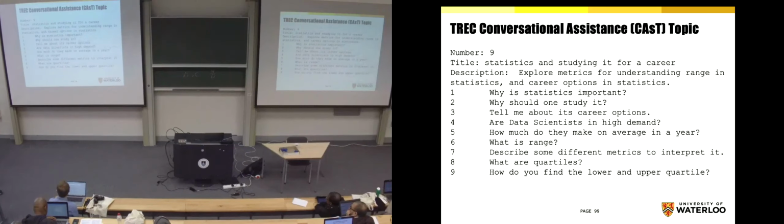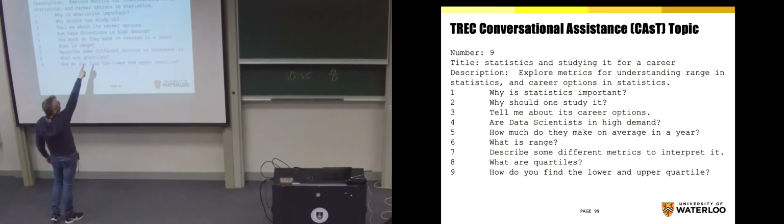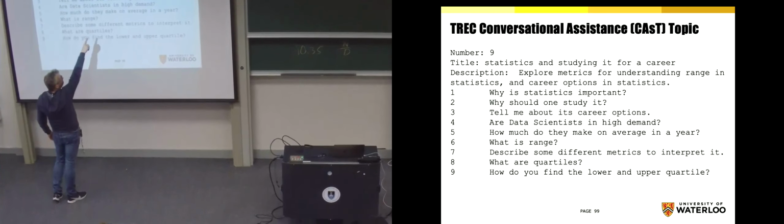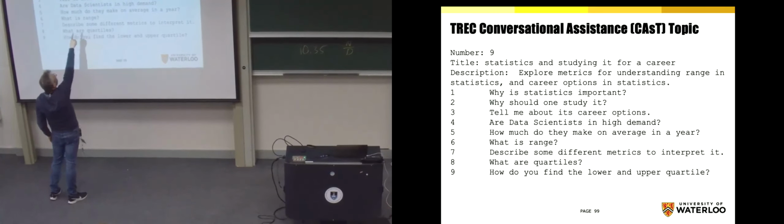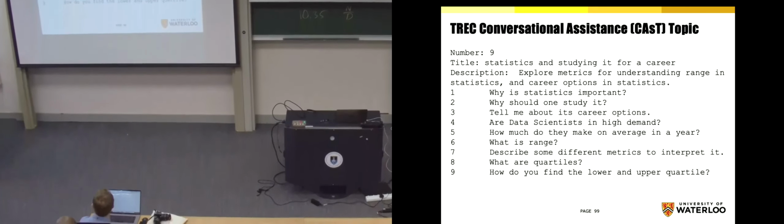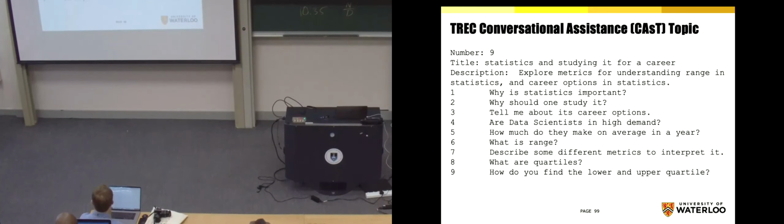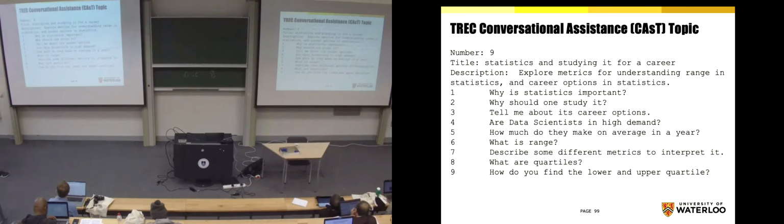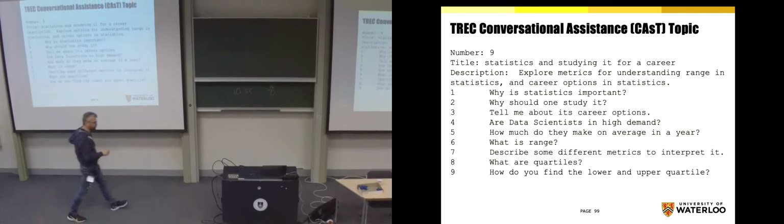So your machine learning algorithm has to come back with an answer. And then in the context of that first question, the second question is, why should one study it? And so your machine learning system has to do this co-reference resolution and understand that it means statistics, and then answer that question. And then it answers each of these questions in turn, and then once again these answers are evaluated by TREC, and you get a score.